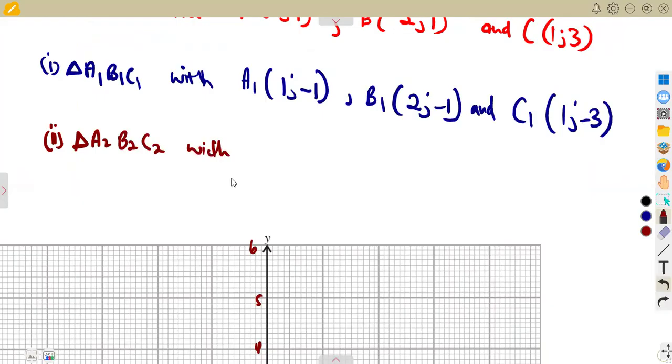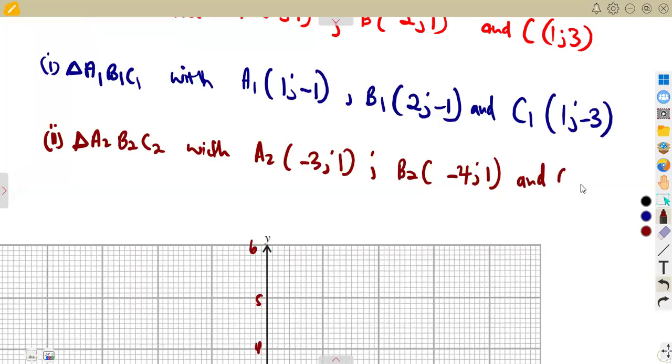Let's just say A2 is given as (-3, 1), B2 is (-4, 1), and C2 is given as (-3, 3).